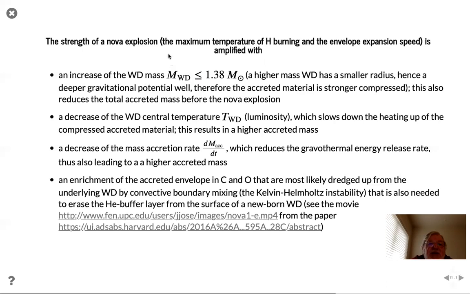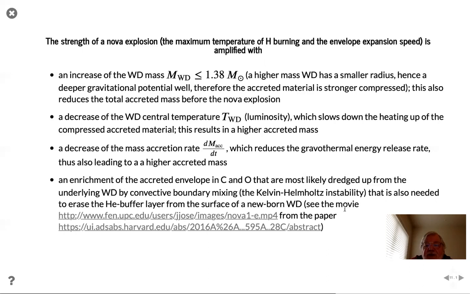Finally, the strength of nova explosion is amplified with an enrichment of the accreted envelope in carbon and oxygen that are most likely dredged up from the underlying white dwarf by convective boundary mixing, by Kelvin-Helmholtz instability, that is also needed to erase that helium buffer layer that I showed you before from the surface of a newborn white dwarf.